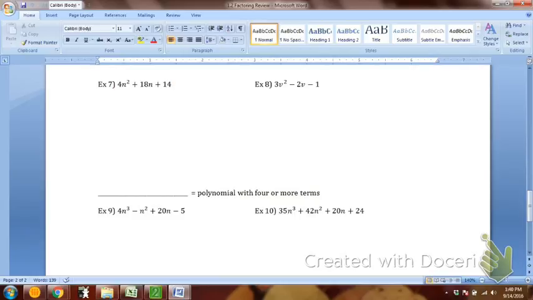So 4 can't go into all of those. So instead, I'm going to divide the whole thing by 2. So it leaves me with 2n squared plus 9n plus 7. So we kind of forget about this 2 for a minute. We're going to put it off to the side.